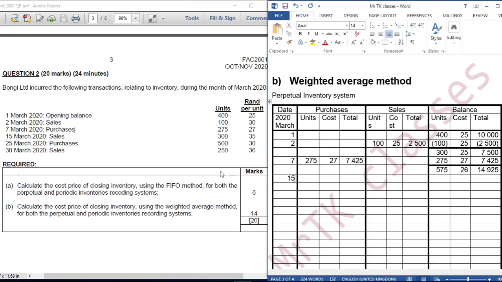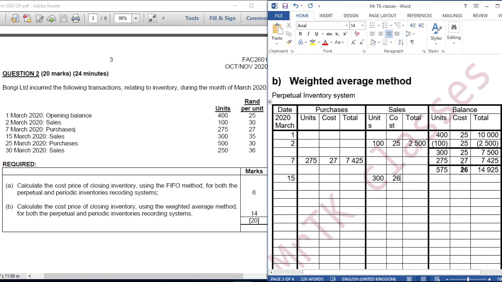So now the next transaction that we have is on the 15th. What happened on the 15th? We sold 300 items. When we are selling now, we are no longer taking the cost price from here because we have a new cost price, the one that we have calculated now. That's why we call this the weighted average method.